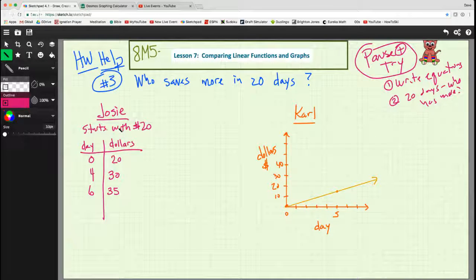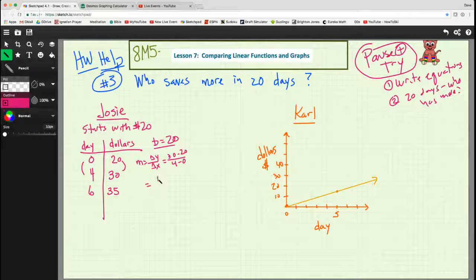Let's look at Josie. Josie, we start with 20, so we know our B is equal to 20. Now let's find our M. Our M is delta Y over delta X. These are our X's and these are our Y's. So 30 minus 20 over 4 minus 0.